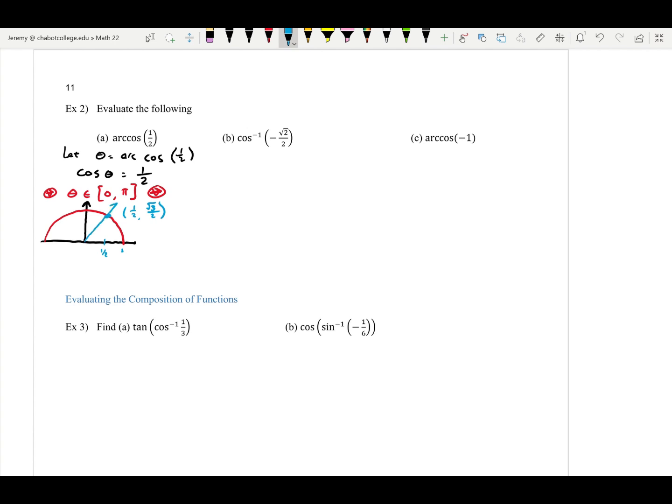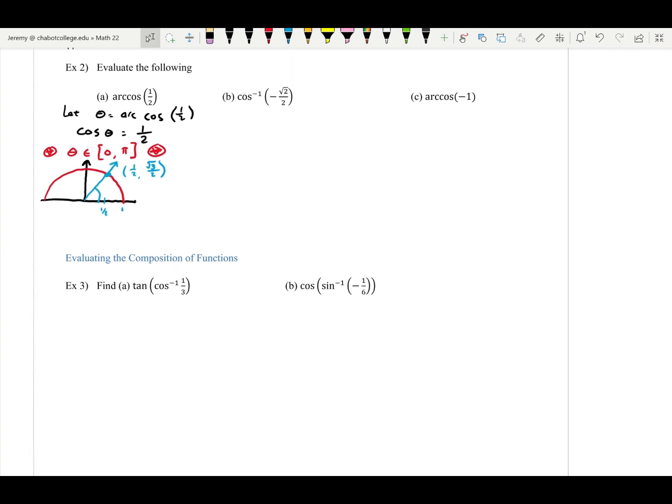And now I have to think, what is this angle here, which has that terminal point, 1/2, root 3 over 2? That is theta equals pi over 3. Okay, so then that means that arc cosine of 1/2 is going to be equal to pi over 3.